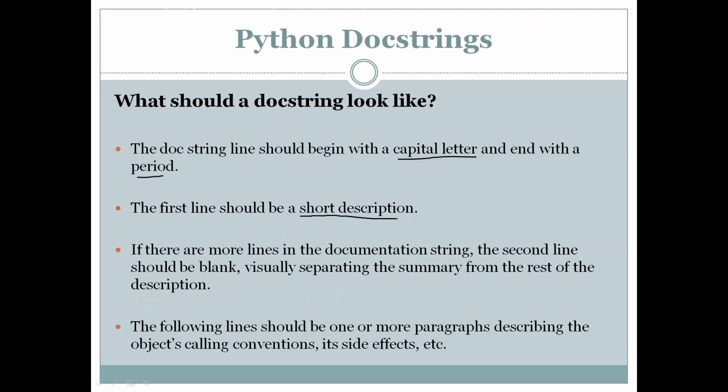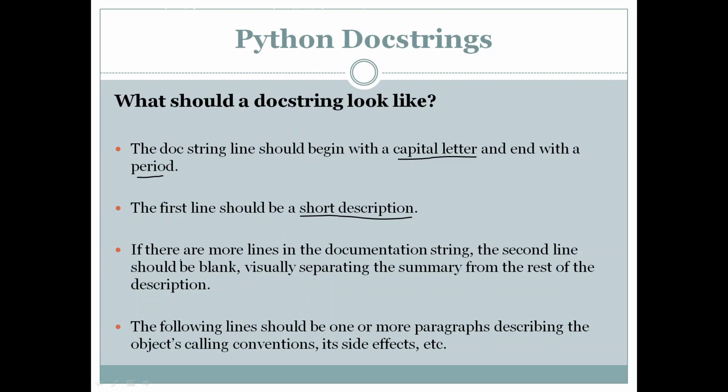A docstring can contain multiple lines or it may contain a single line also. If a docstring contains multiple lines, the first line should be a short description about the function or class or whatever you are declaring a docstring for.